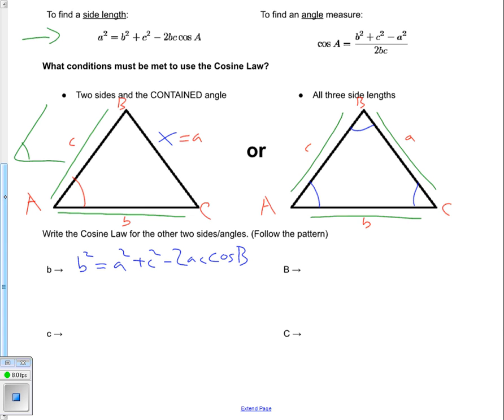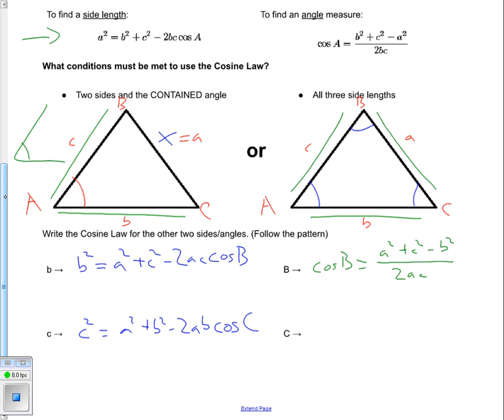If I wanted to solve for side C, again, similar pattern, I'd actually be looking for C squared is equal to A squared plus B squared minus 2AB times cos C. If I wanted to find an angle that's not angle A, then let's say if I wanted to find angle B, the formula would be cos B is equal to A squared plus C squared minus B squared, all divided by 2AC.